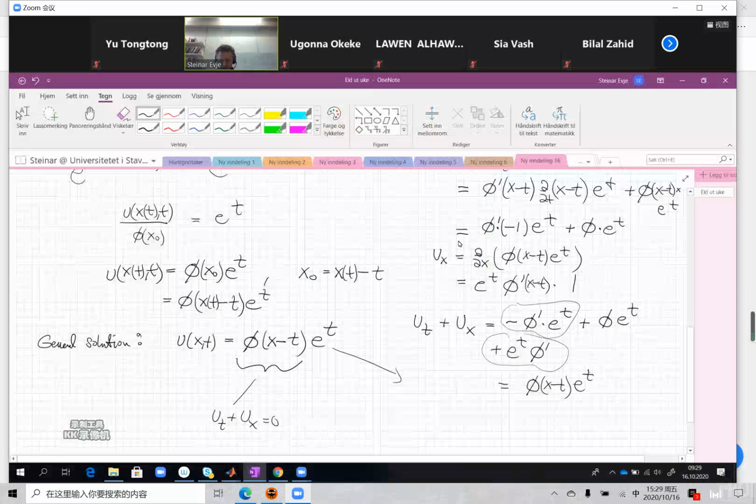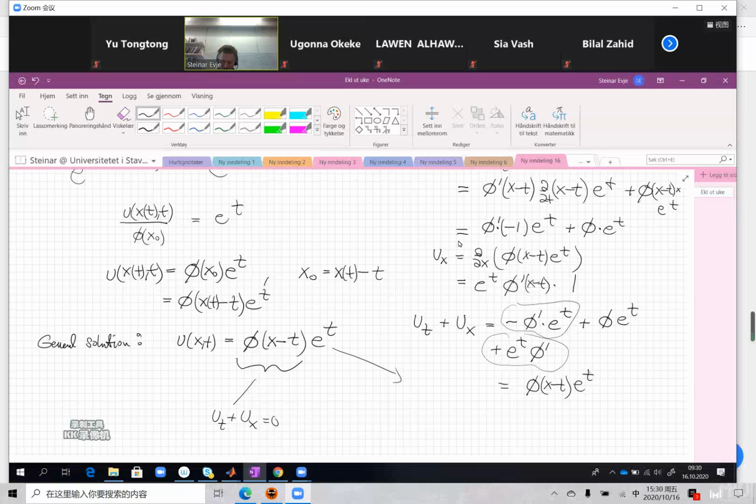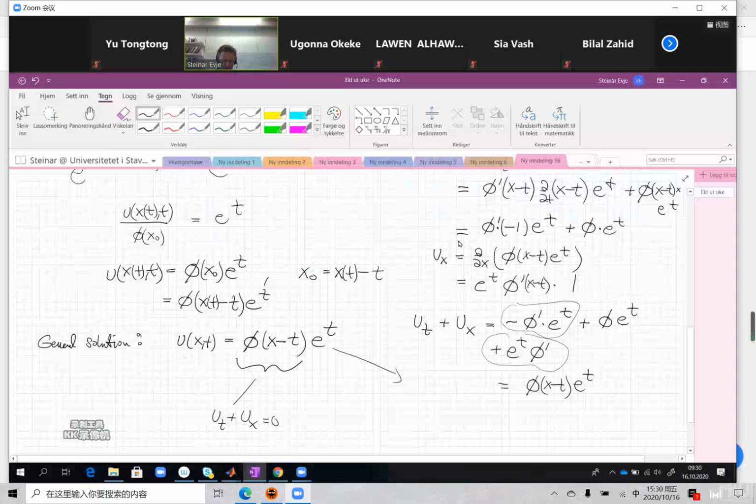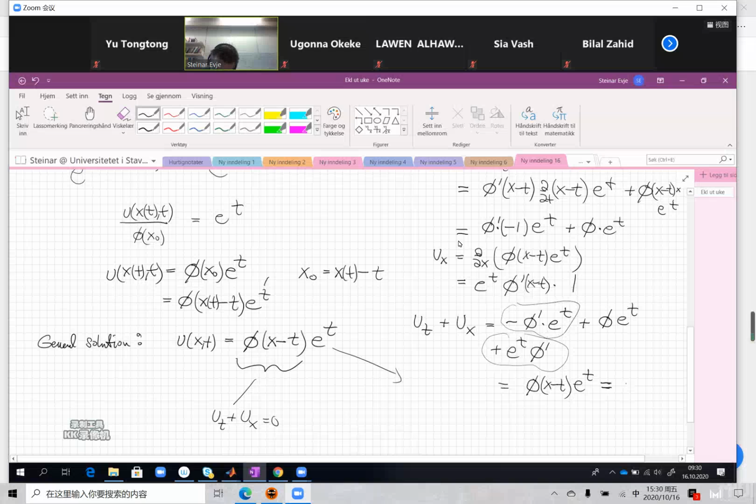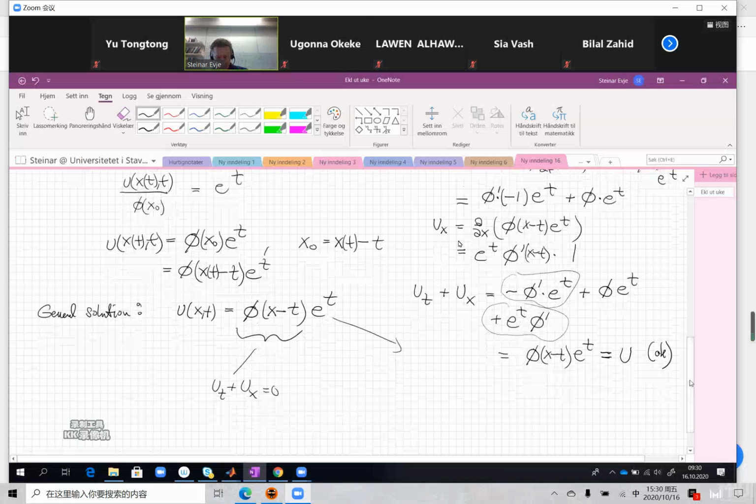At first glance, this looks perhaps different, but then we look at the solution u, and we realize that this is just the expression for u. So we have proved that ut plus ux is equal to u. So then we know that this must be the correct solution.